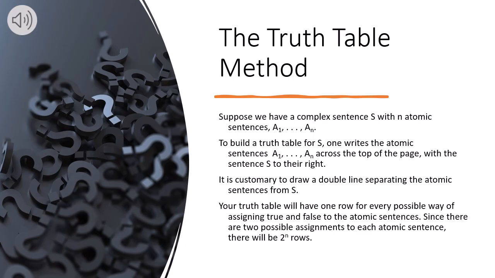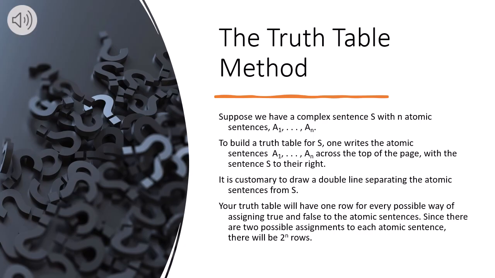Now, the truth table tries to explore all the possible ways of assigning true and false to those atomic sentences. And again, in this instance, there are n of them, A1 through AN. What you'll do is fill out the rows of this table underneath A1 through AN, writing down all of the various possibilities for these truth assignments. Now, there's two choices for A1, either true or false. There's two choices for A2, true or false, and so on and so forth, all the way to AN.